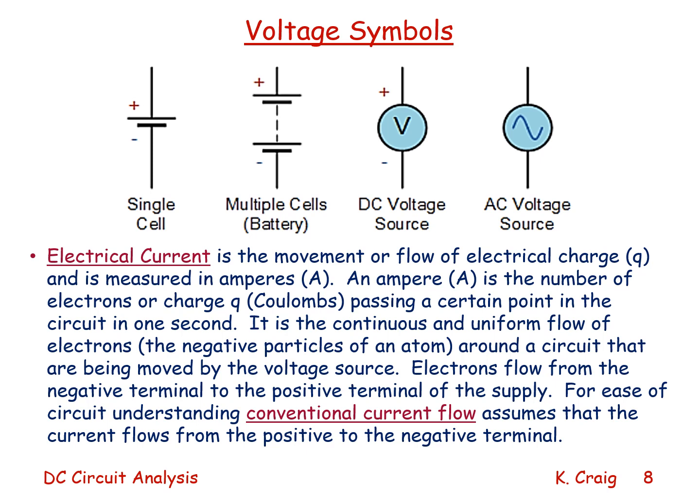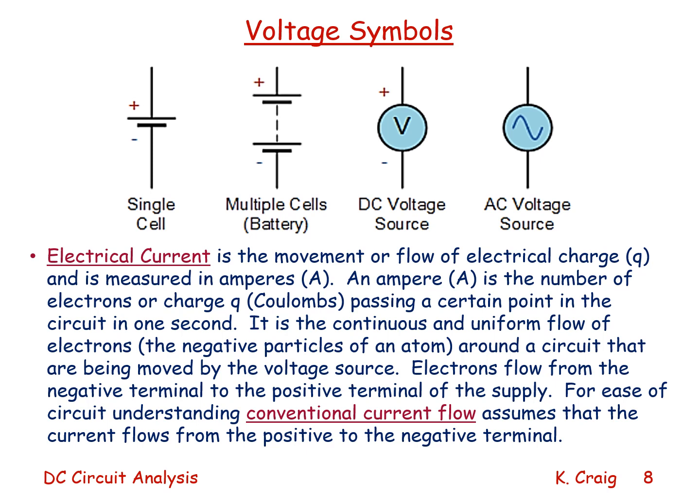Electrical current is the movement or flow of electrical charge, Q, and is measured in amperes, A. An ampere is the number of electrons or charge in coulombs passing a certain point in the circuit in 1 second.